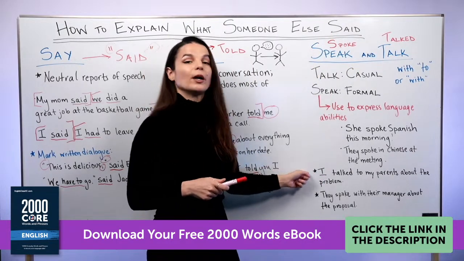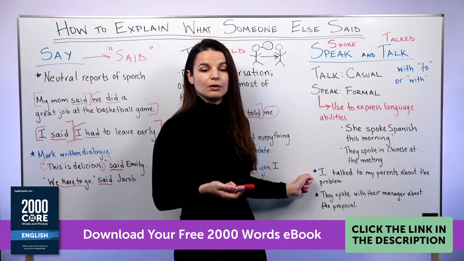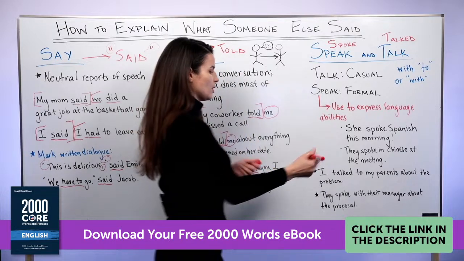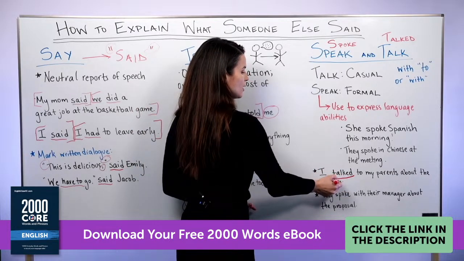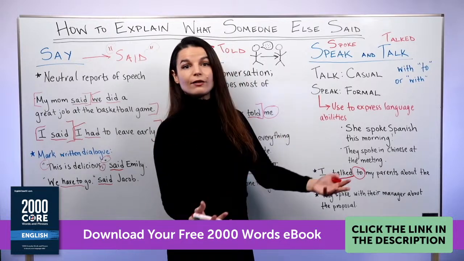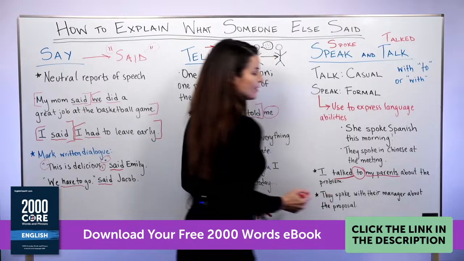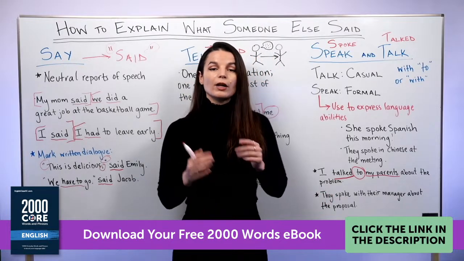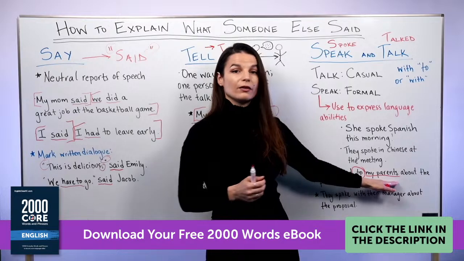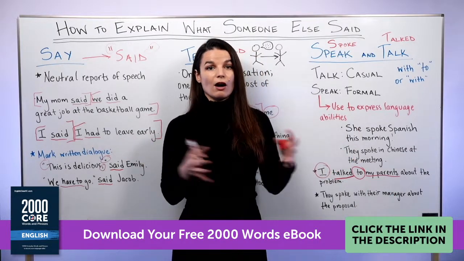Okay, first one. I talked to my parents about the problem, okay? First, here's our past tense verb, I talked. And here's my preposition. Then, who received the information? I talked to my parents, right? So you can see we have the speaker and the receiver here, or rather, the people participating in the conversation.